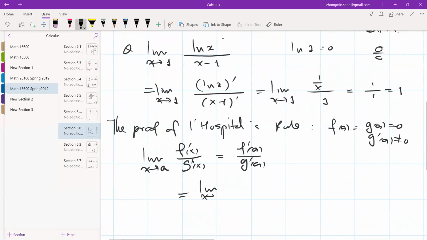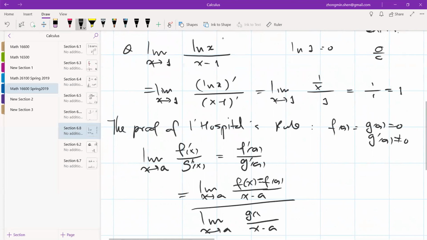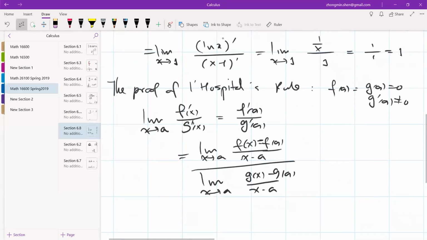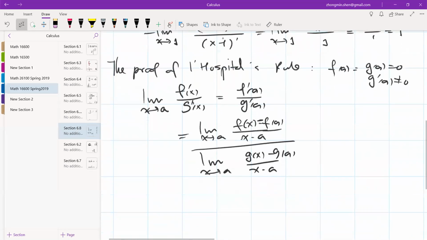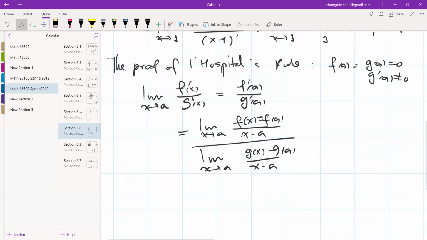The derivative is going to be calculated in the following way. It's going to be x minus a, right? Here's g of x minus g of a. Then this is a limit. The quotient of limits is going to be the limit of that quotient.